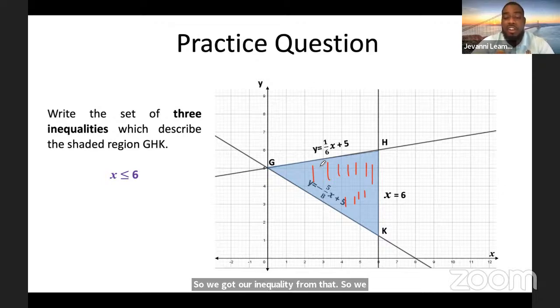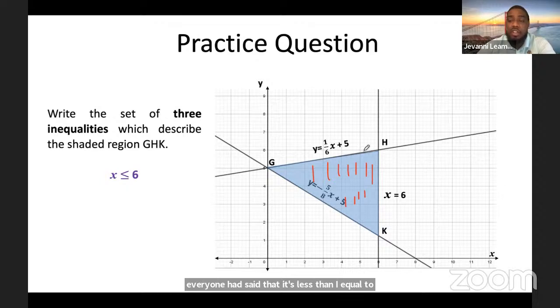Now for the reference line that I'm using, which is now GH, which is y equals 1/6 x plus 5, I am asking what inequality would be represented by the part that is shaded using that as our reference line or equation.